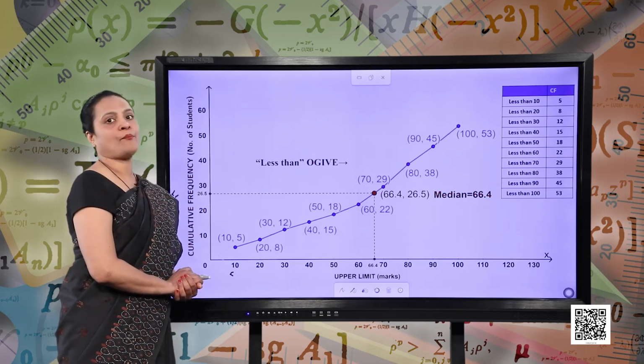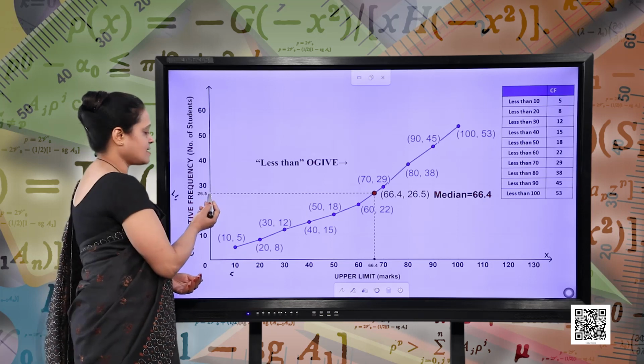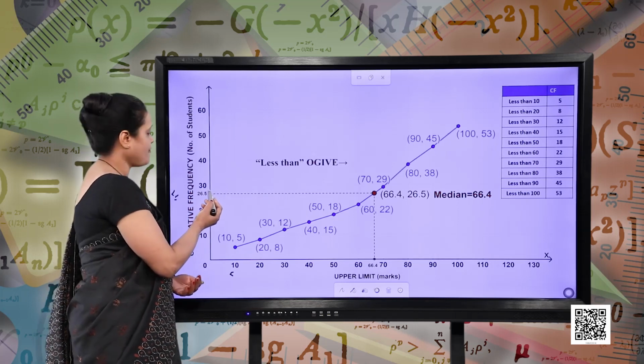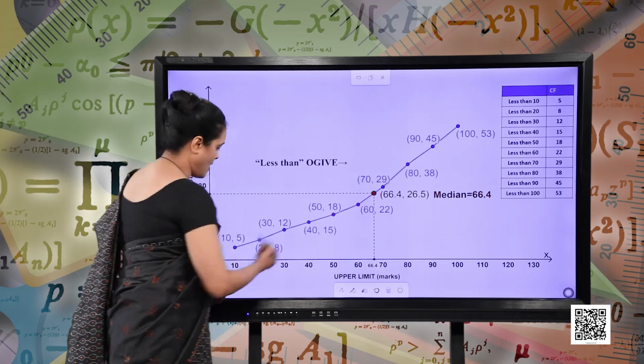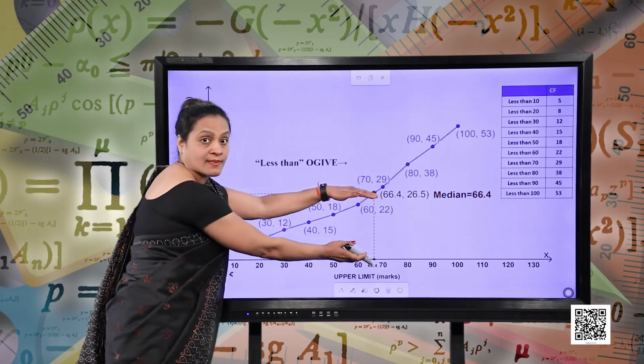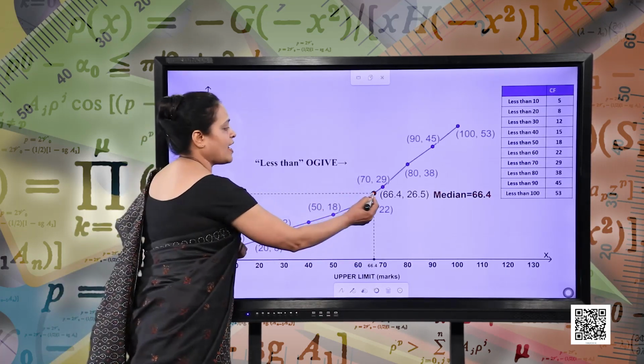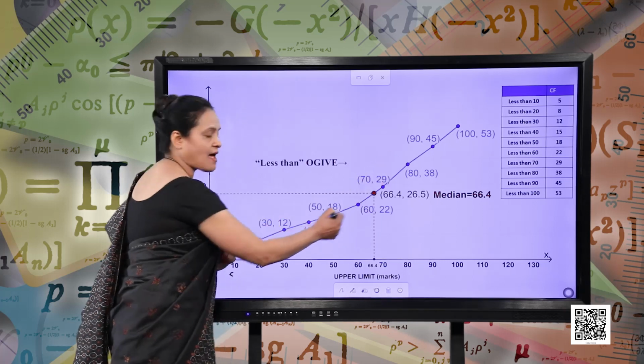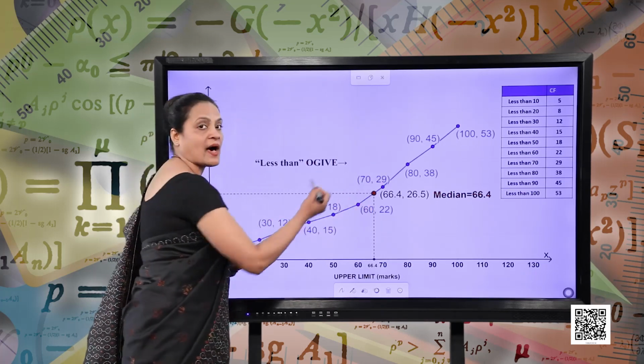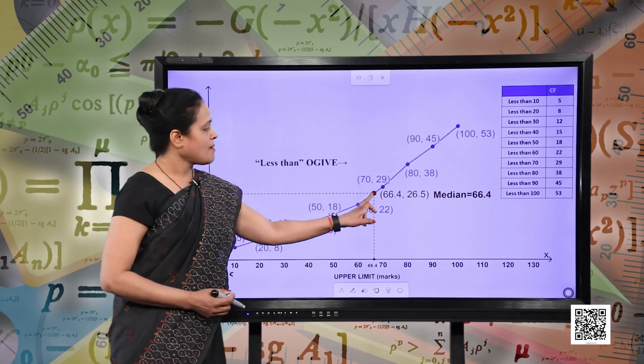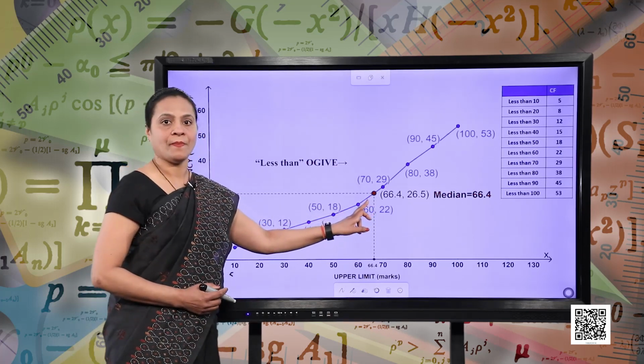To locate that point, from this 26.5, we are going to draw a line parallel to x-axis, and the point where this line intersects our curve is our required point, which is marked red here.